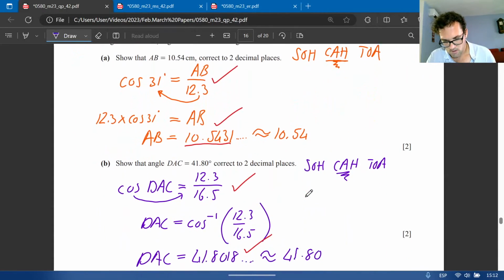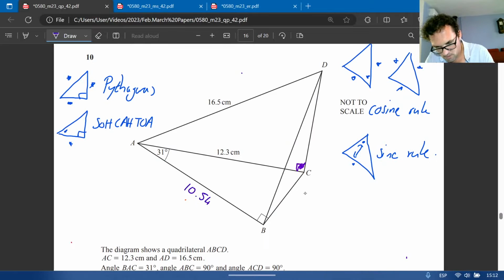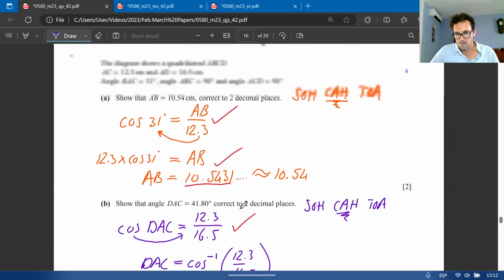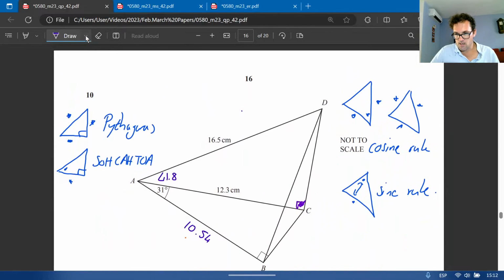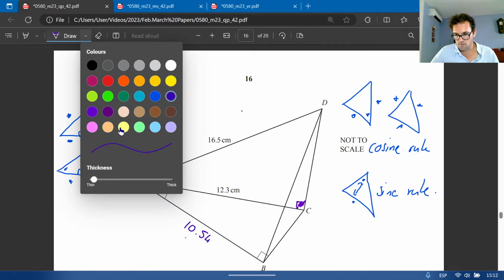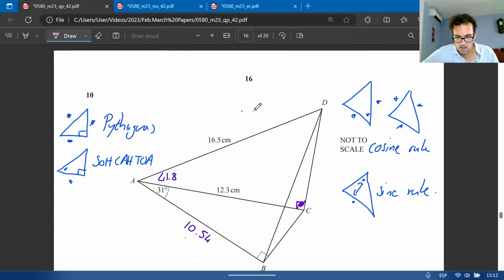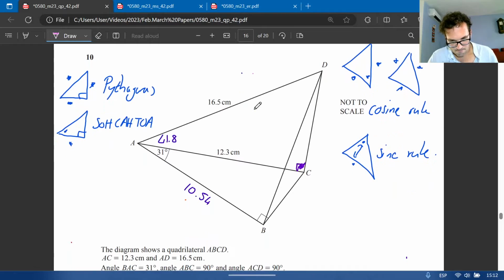And this one was 41.80. 41.8 is good enough. Alright, so now we're doing BD. Shall we go for pink? BD is not part of any right angle triangles. BD forms part of this triangle here.